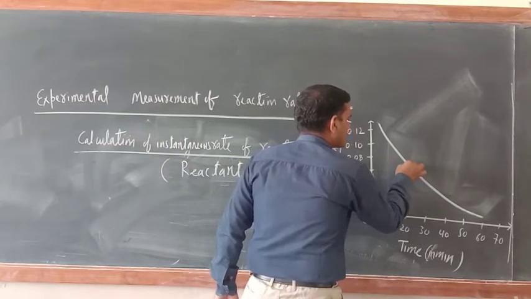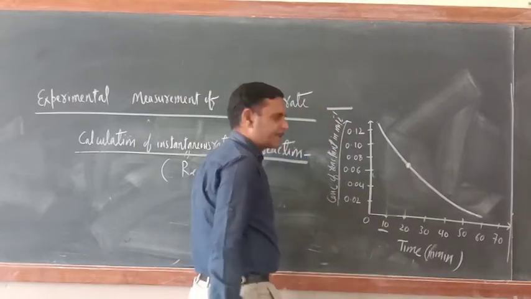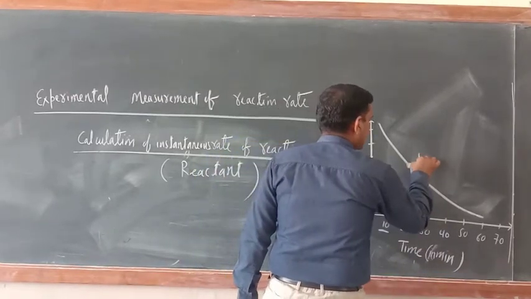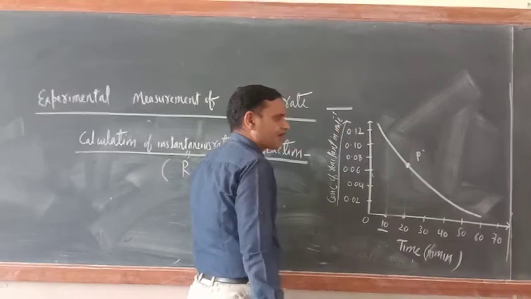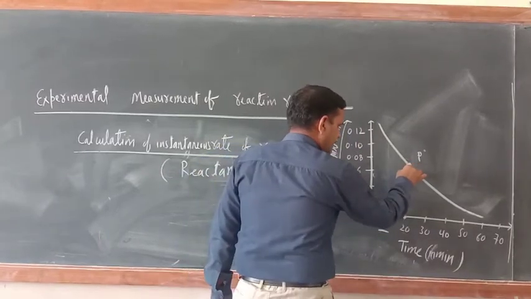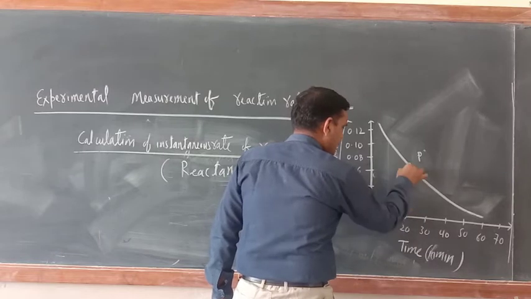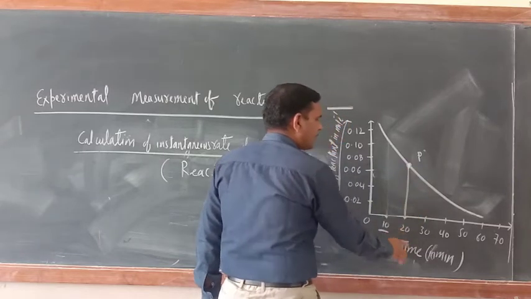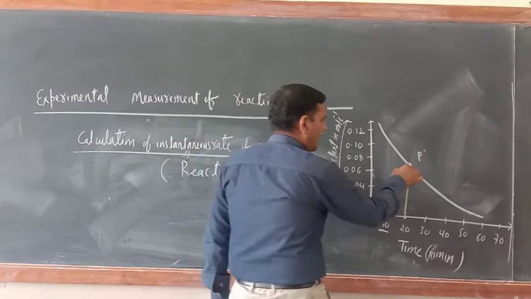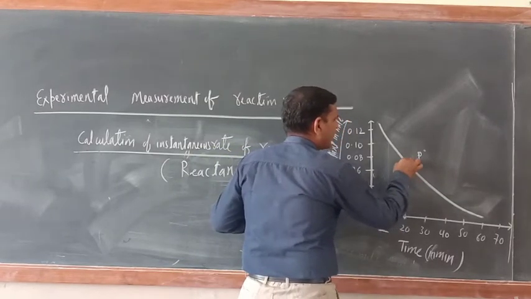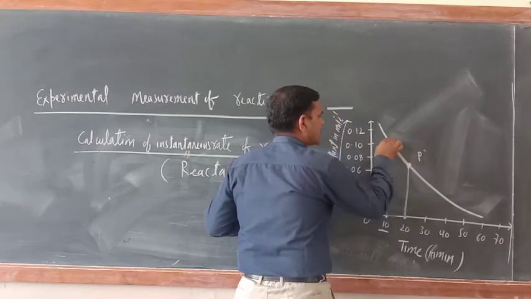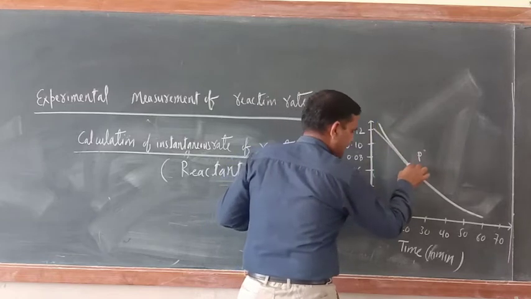Now suppose this point I have selected. This tangent is represented by P. Now this tangent is with respect to the time 20 minutes. Now extend this line on this side also and this side also.